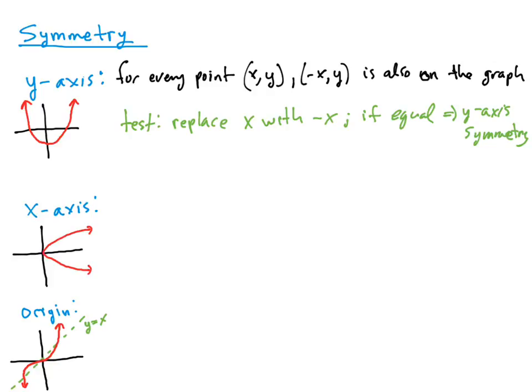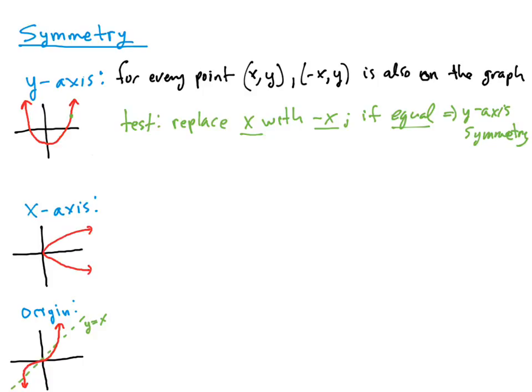For y-axis symmetry, for a graph to have y-axis symmetry, every point (x, y) that's on the graph, (-x, y) is also on the graph. So to test this, what we do is we replace x with negative x in the equation. And if after simplified, those equations are equal, then we have y-axis symmetry. So imagine we have this point right here.